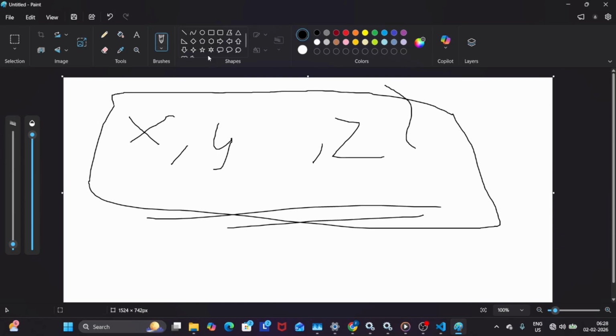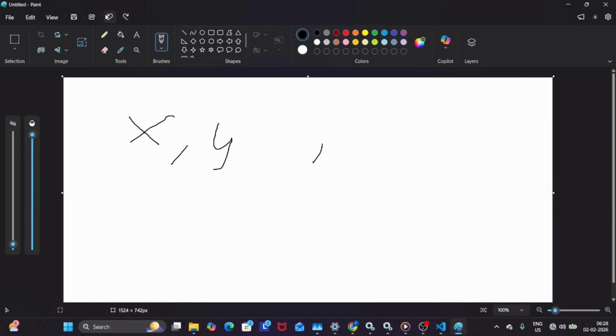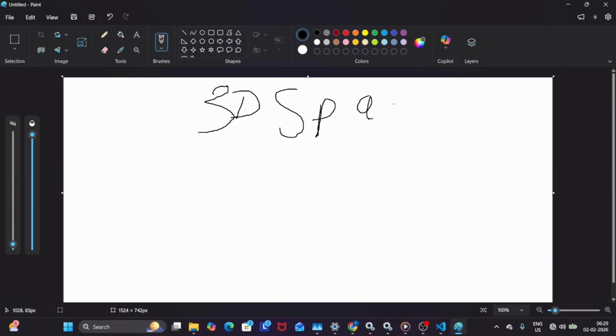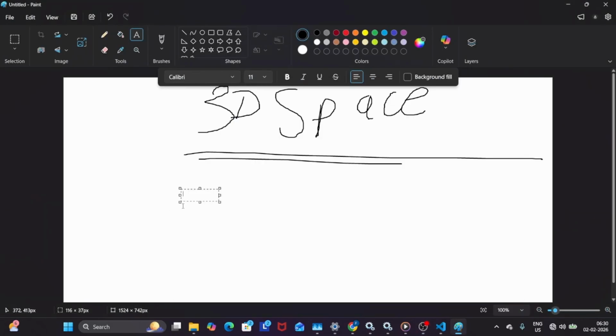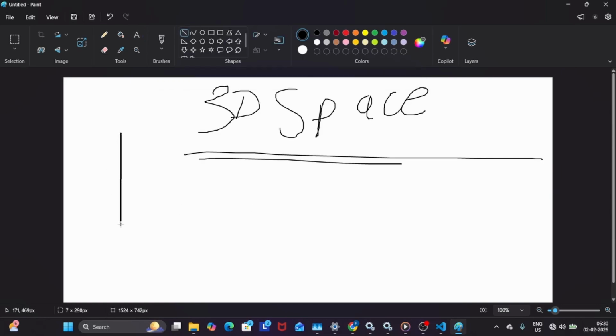First of all, let's go to what a 3D space is. In school we all learned about graphs. In graphs, what do we see? We see an x-axis and a y-axis.